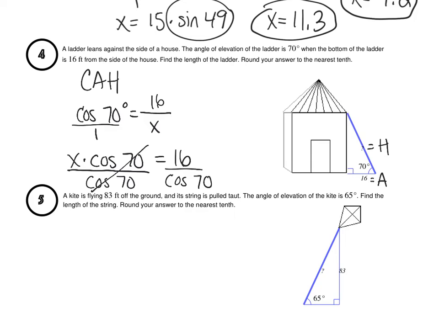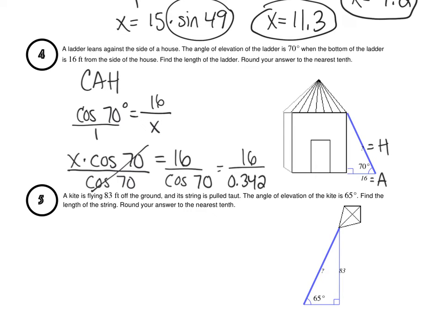So let's try this in our calculator. If you're going to use the calculator on your phone, you're going to have to punch in 70 first and cosine to get an estimate of about 0.342.